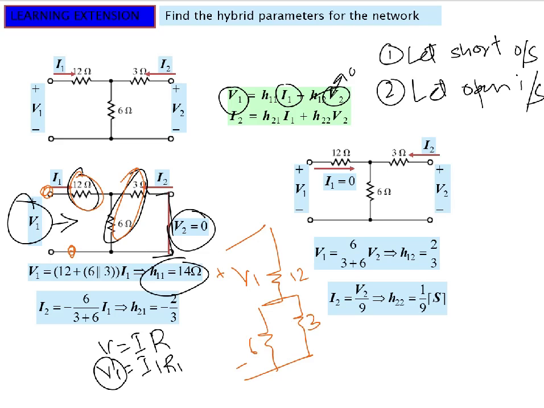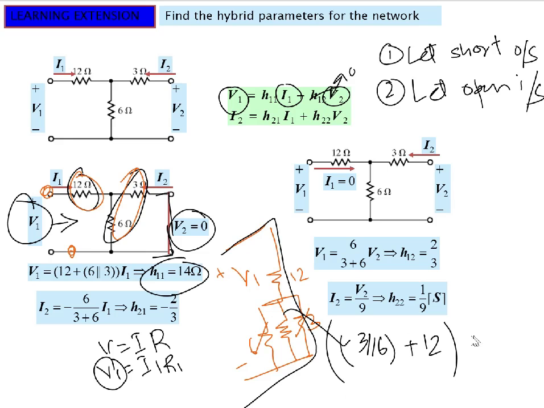So the parallel of 6 and 3 would be here, and this thing will be called 3 parallel 6. So our total impedance of this path is 3 parallel 6 plus 12, multiplied by the current flowing through this path.